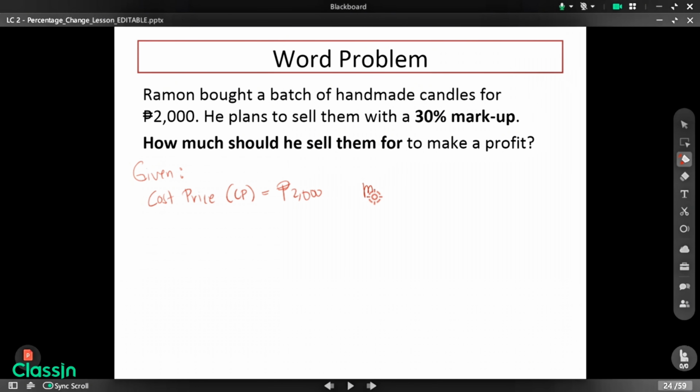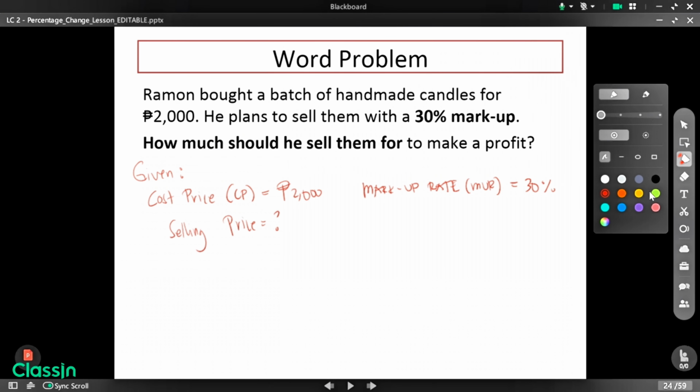And the markup rate, or MUR, is equal to 30%. Now, the thing that we need to find is the selling price.